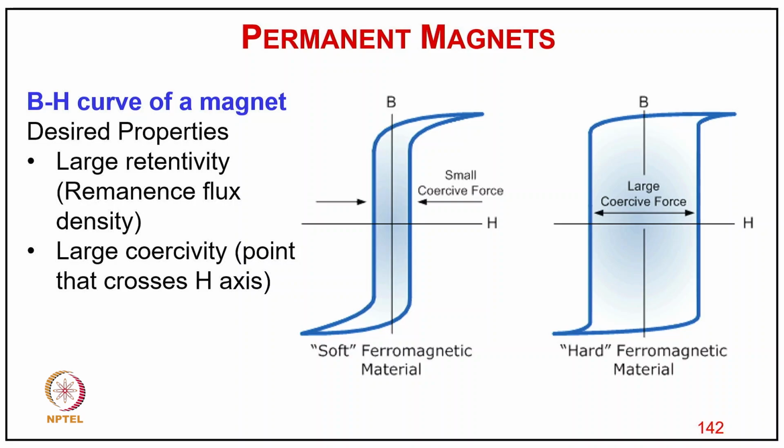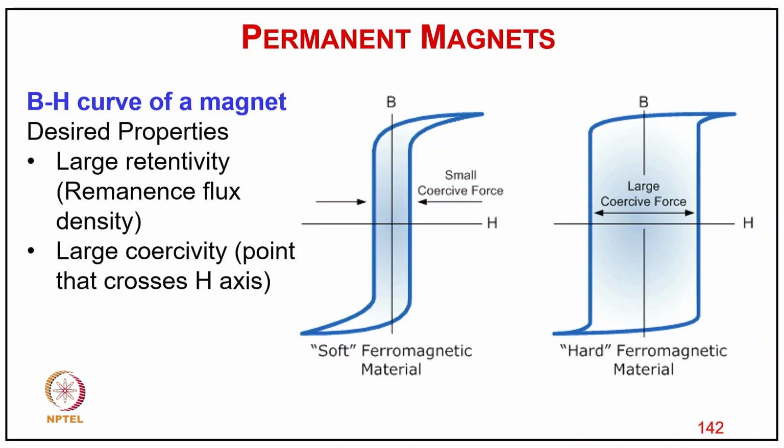We consider a hard ferromagnetic material with a large area, where the residual flux density is large and the coercive force is also large, a good permanent magnet material. When these are low, it is not that good a permanent magnet material, and we call it a soft magnetic material.